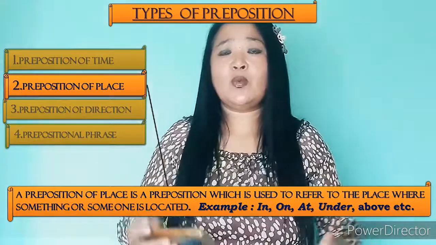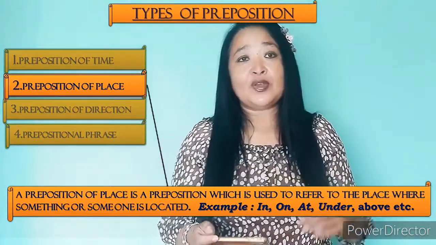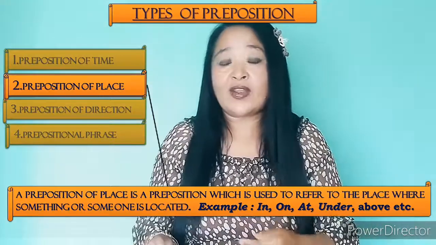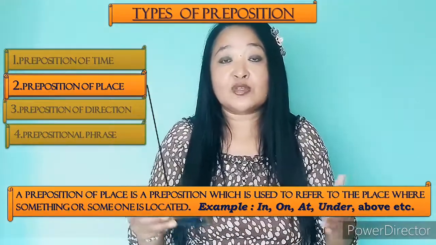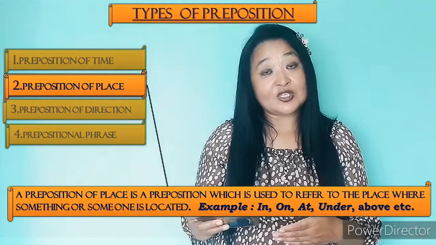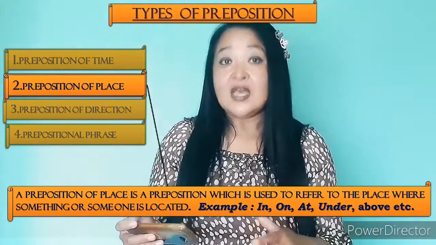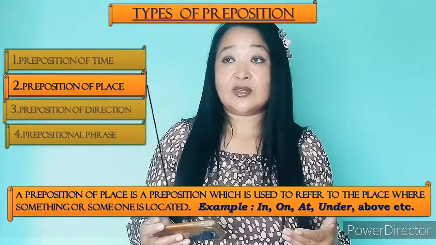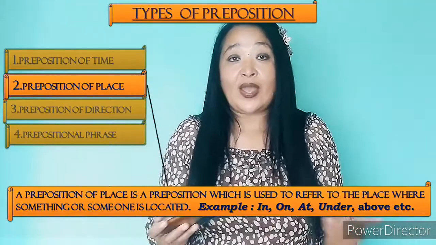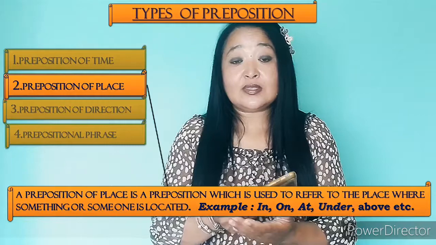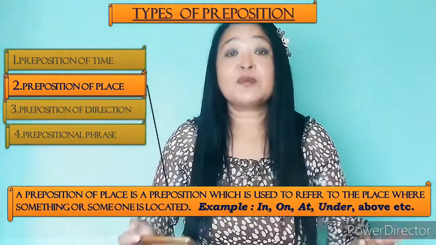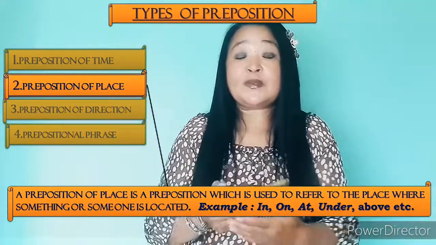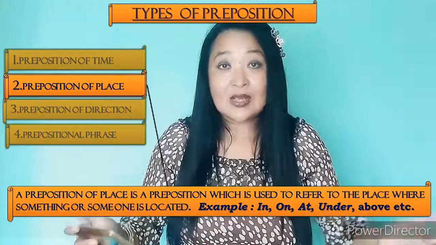Now you must be thinking that in preposition of time also, we use the same set of prepositions like in, on, at. Here in preposition of place also, we are going to use the same prepositions. Why? Actually, it depends upon the situation. Here, the prepositions are used in a different way.